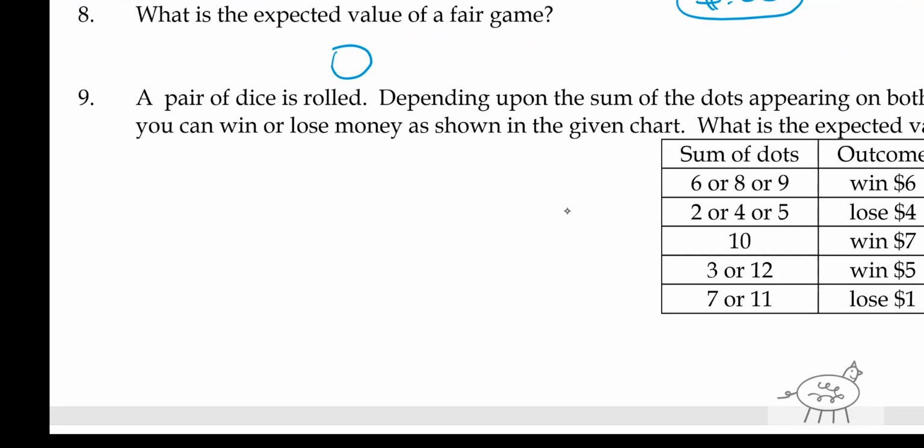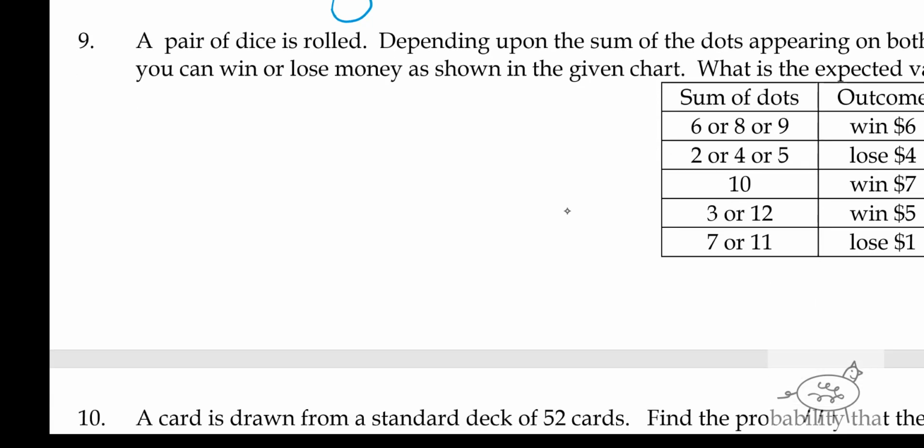Okay, a pair of dice is rolled, and depending on the sum of the dots, you can win or lose money. Okay, so let's make a dice chart here.